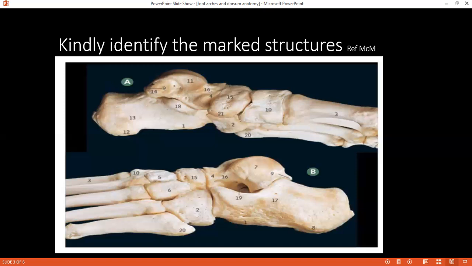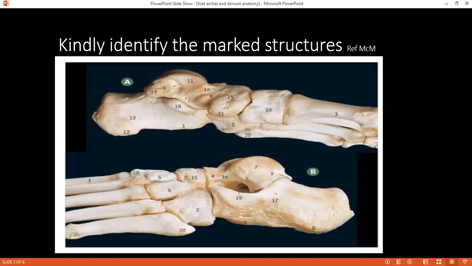The bones contributing to the medial arch are the calcaneus, navicular bone, medial cuneiform, and medial 3 metatarsal bones. For the lateral arch, the bony contribution is from the calcaneus, cuboid, and lateral 2 metatarsal bones.